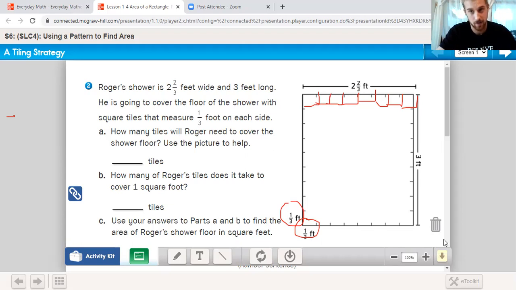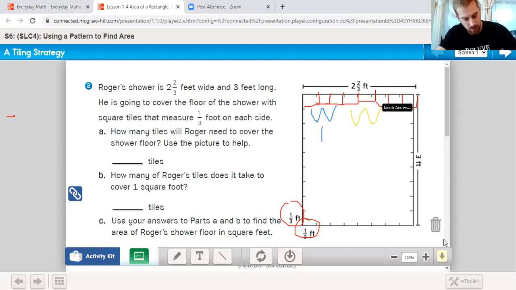I tricked myself. Because we look at it, we have 2 2/3 feet. So if I change my color here, I'll pick out these 3 tiles. 1, 2, 3. That's going to be 1 foot. And if I change my color again, we'll do yellow. 1, 2, and 3.